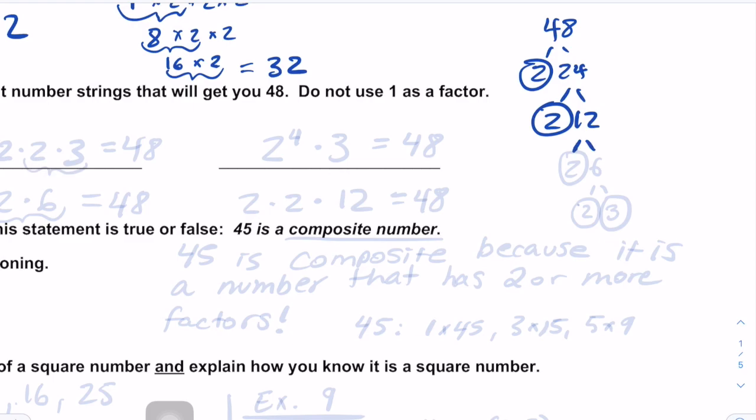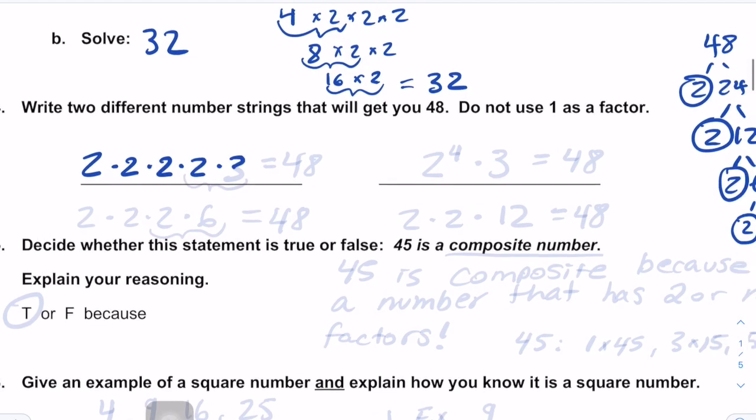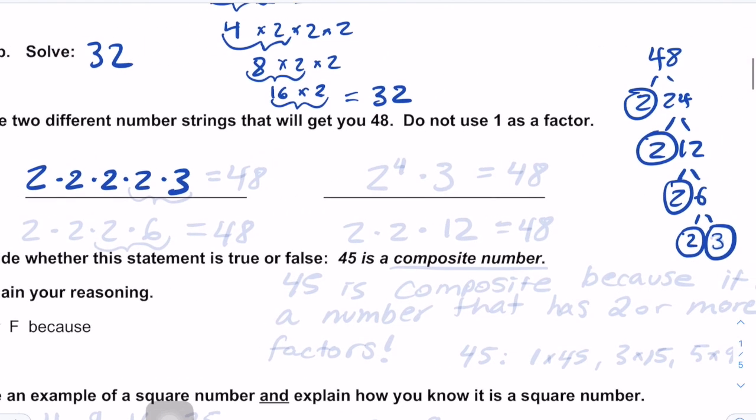So if I keep going through my factor tree here, I'm just dividing by 2 every time because I see that every number has been divisible by 2. And after completing my factor tree, I see that one expression I could do is just 2 times 2 times 2 times 2 times 3. So this would be the longest way to write this.